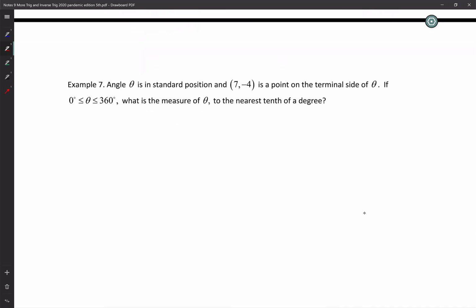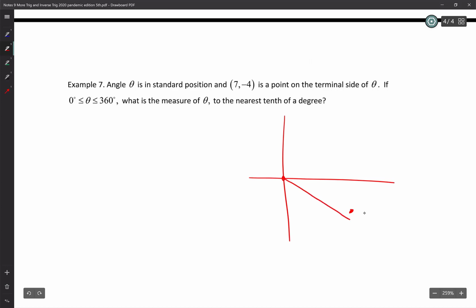Anyways, here we go. This is the angle of standard position. Again, here's my grid. 7, -4. I'm in quadrant 4. So now if you do arctan, I bet you it will give you the right answer, but negative angle, so you'd have to do plus 360. So let's not do that. This is 7. This is -4.